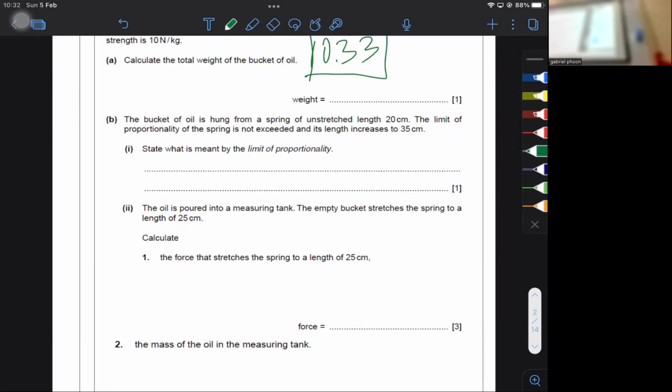This 18 is only the weight of the bucket. This is the weight of the bucket and the oil.